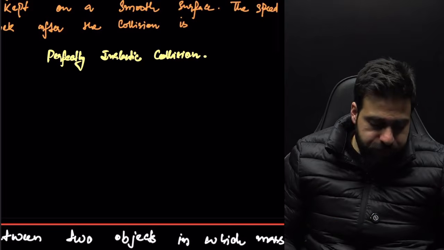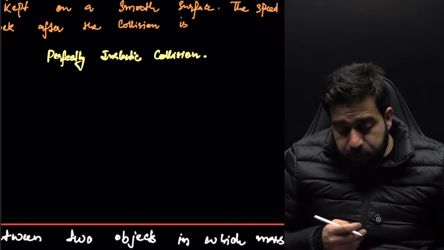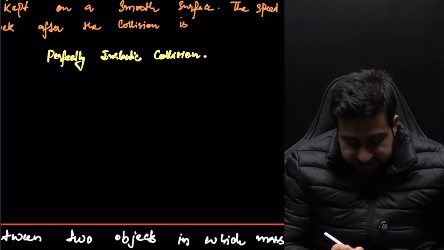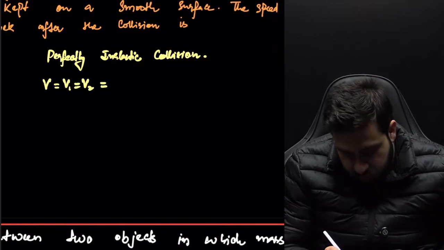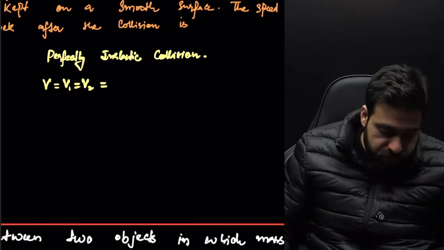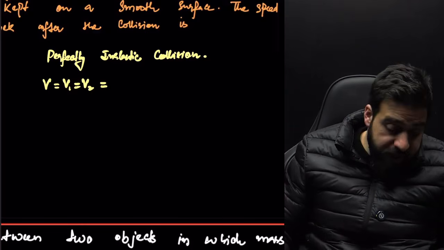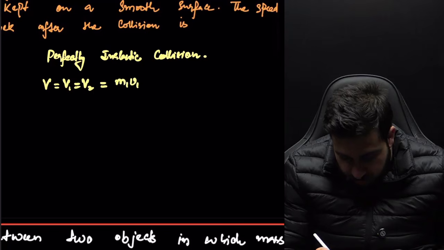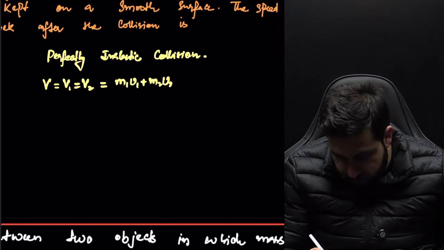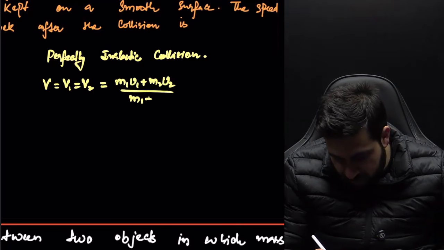Now, what is the velocity in case of a perfectly inelastic collision? That is v, even if this is v1 and this is v2, for both the velocity of the ice block as well as the bullet. So it is m1 u1 plus m2 u2, upon m1 plus m2.